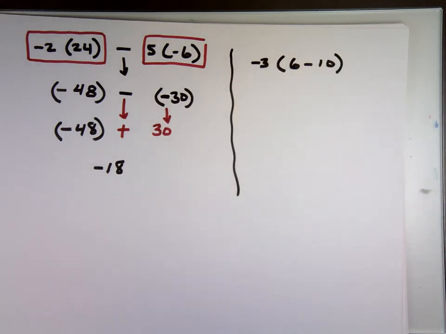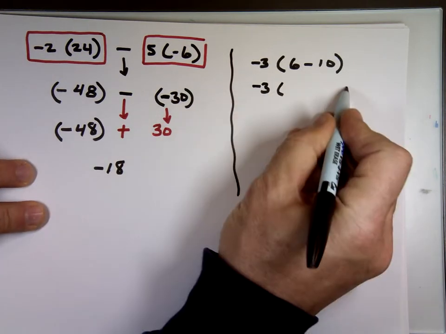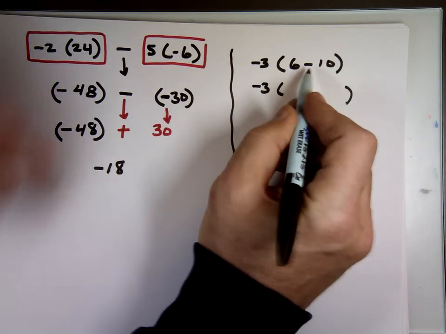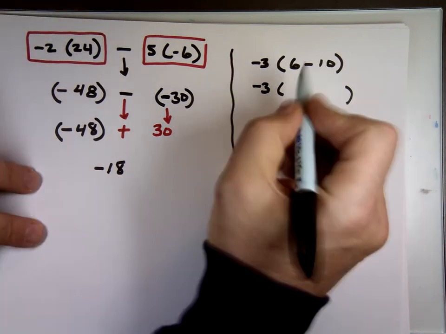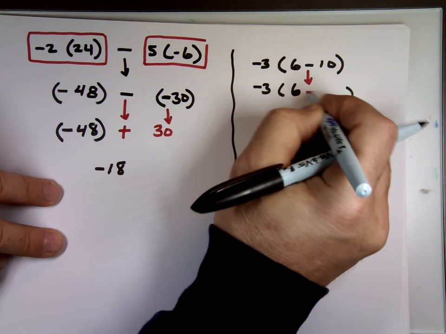Let's look at that one. I see parentheses here. So do what's inside the parentheses. So the minus 3 is sitting in the front here. Let's simplify what's inside the parentheses. That's 6 minus 10. 6 plus what?